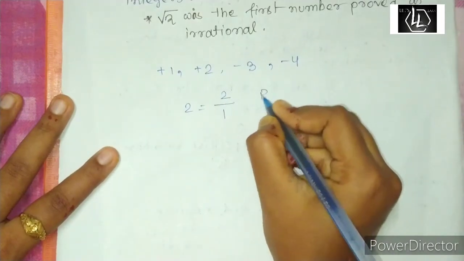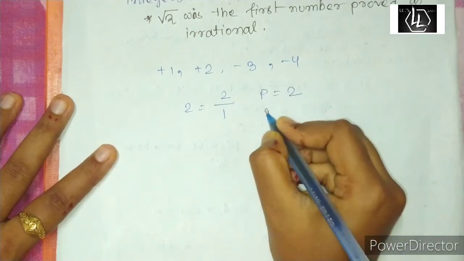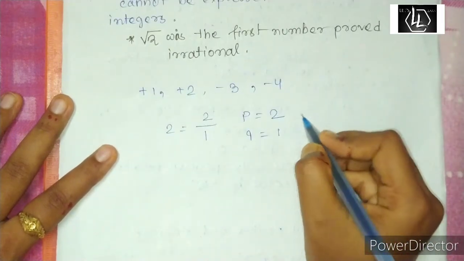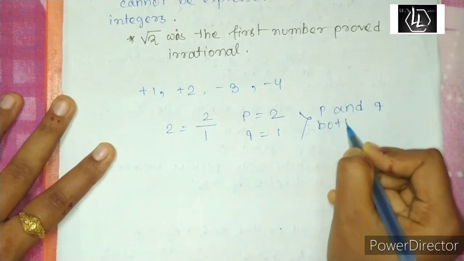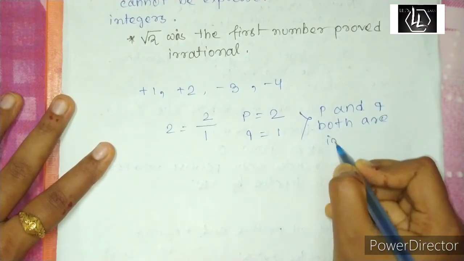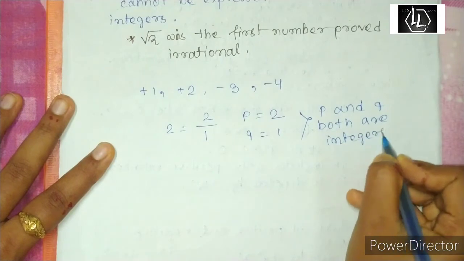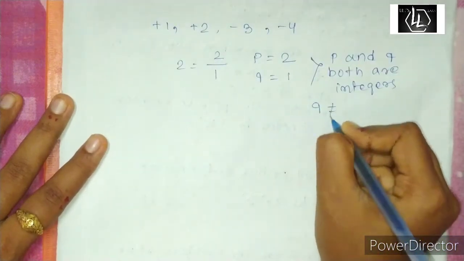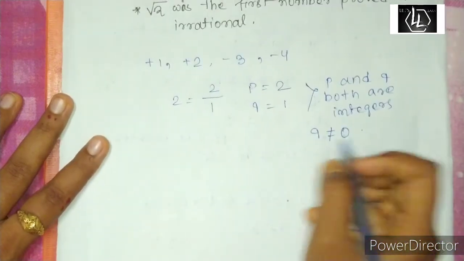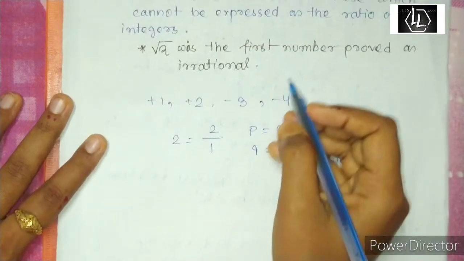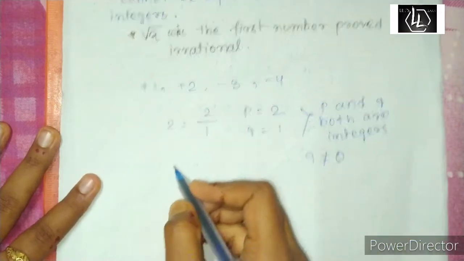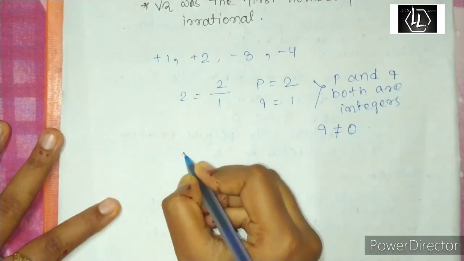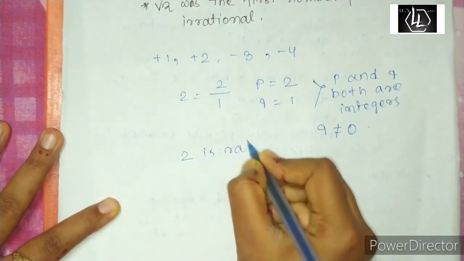So here p is 2 and q is 1. So p and q both are integers and q not equal to 0. So it satisfies the rules of rational number. So we can say that 2 is a rational number.